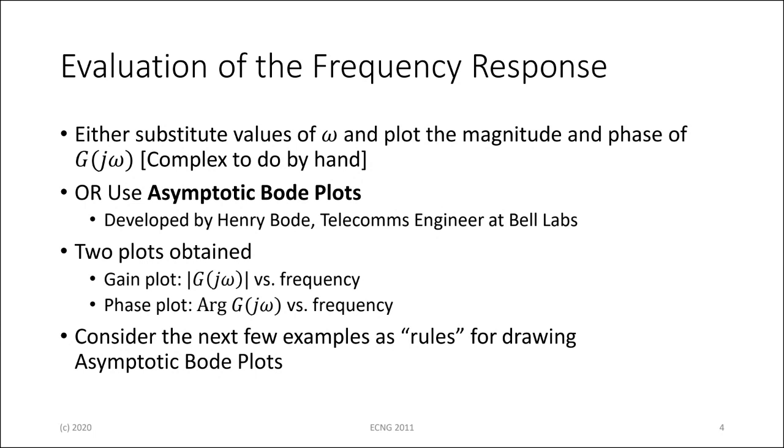So out of this thing, Henry Bode, he was a telecommunications engineer, and telecoms people, of course, are always greatly interested in the frequency response of systems, the bandwidth of systems.